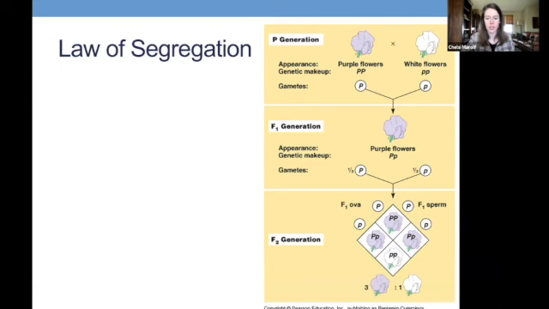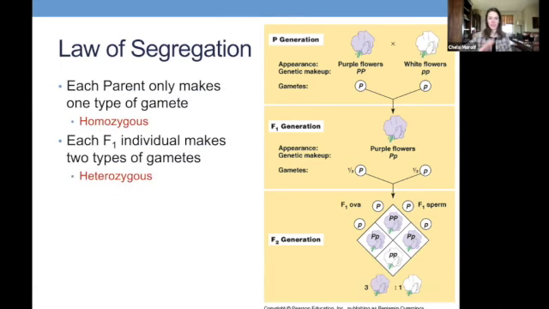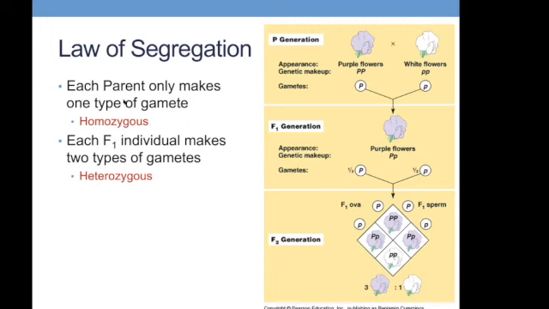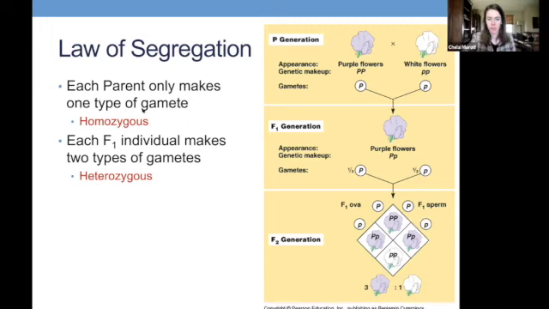In other words, if the purple one's there, it's the only thing that's going to be expressed as the phenotype. The important thing to note is that if the parent only makes one type of gamete, they only have one possibility coming from them, they are homozygous. So this purple flower up here in the parent generation, big P, is homozygous dominant. The other parent is also homozygous, but homozygous recessive.